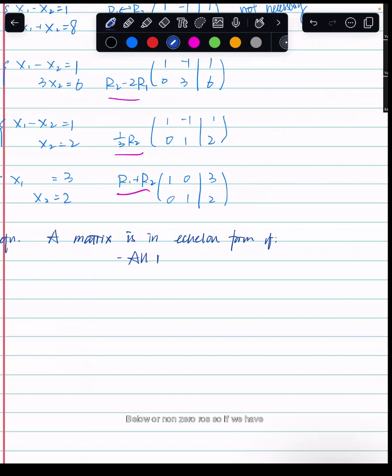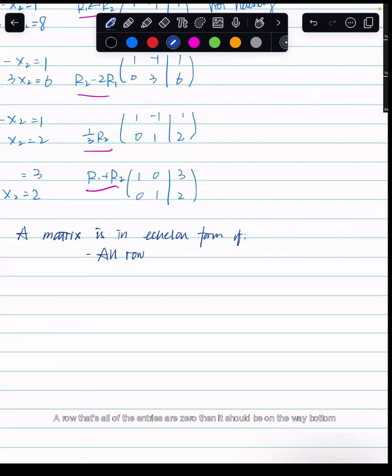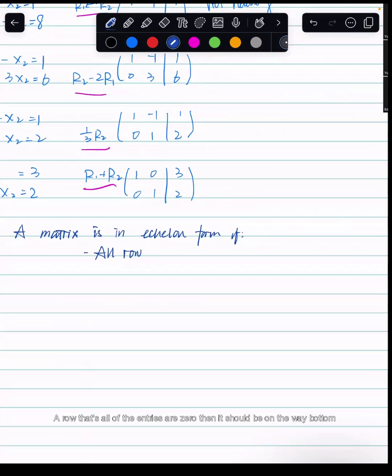So if we have a row where all of the entries are zero, then it should be all the way at the bottom.